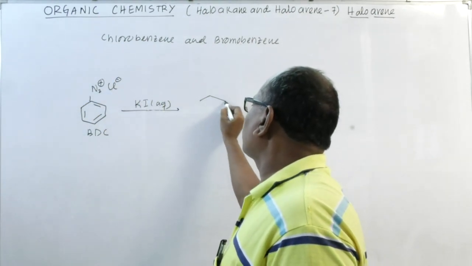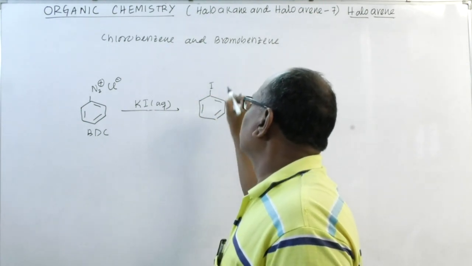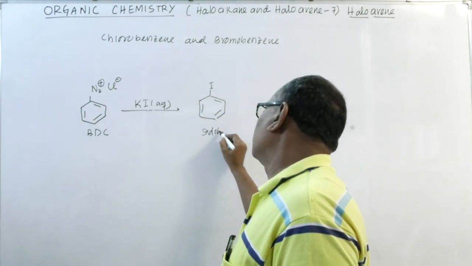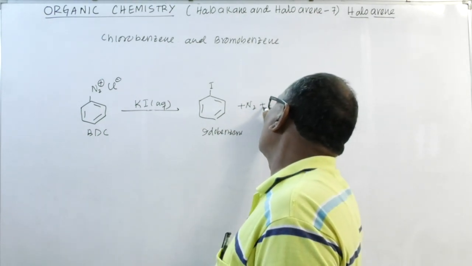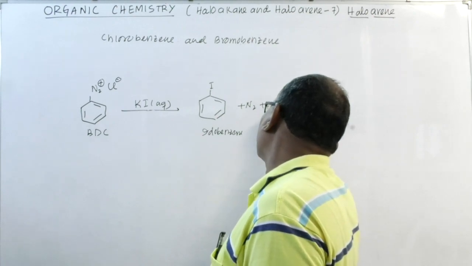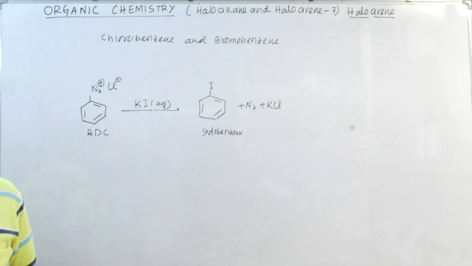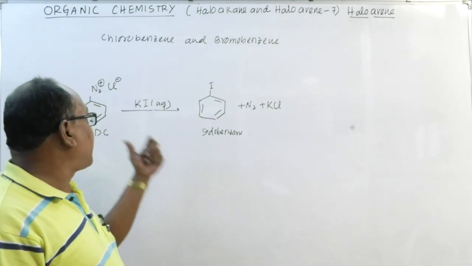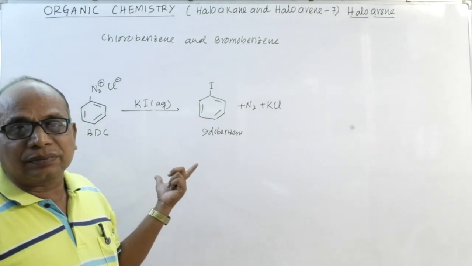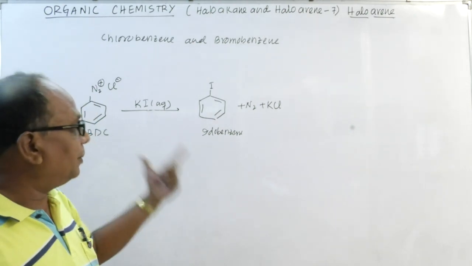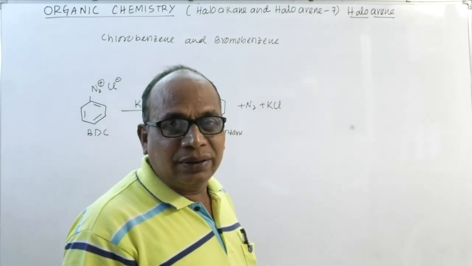It becomes iodobenzene plus N2 plus HCl. That is, iodobenzene can be prepared from benzene diazonium chloride by the action of aqueous potassium iodide.